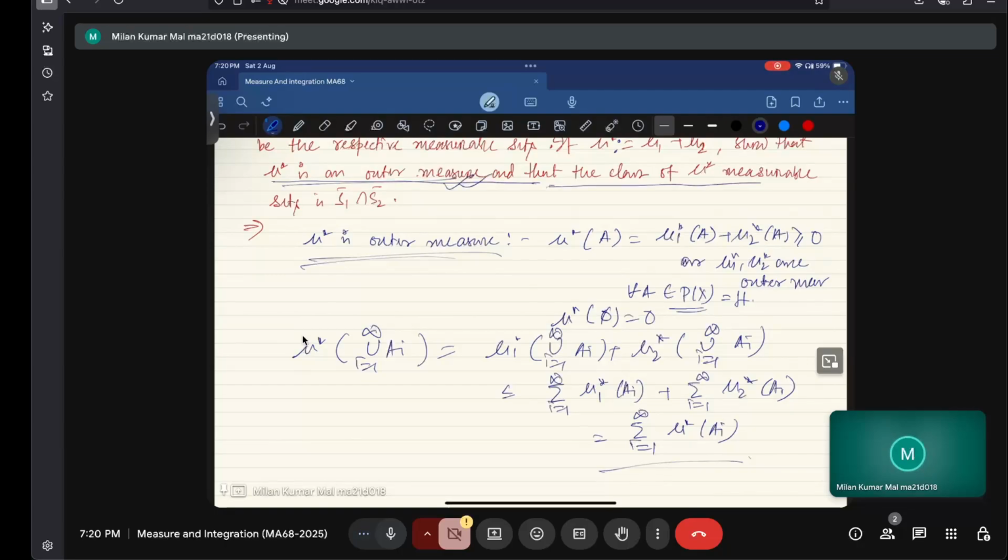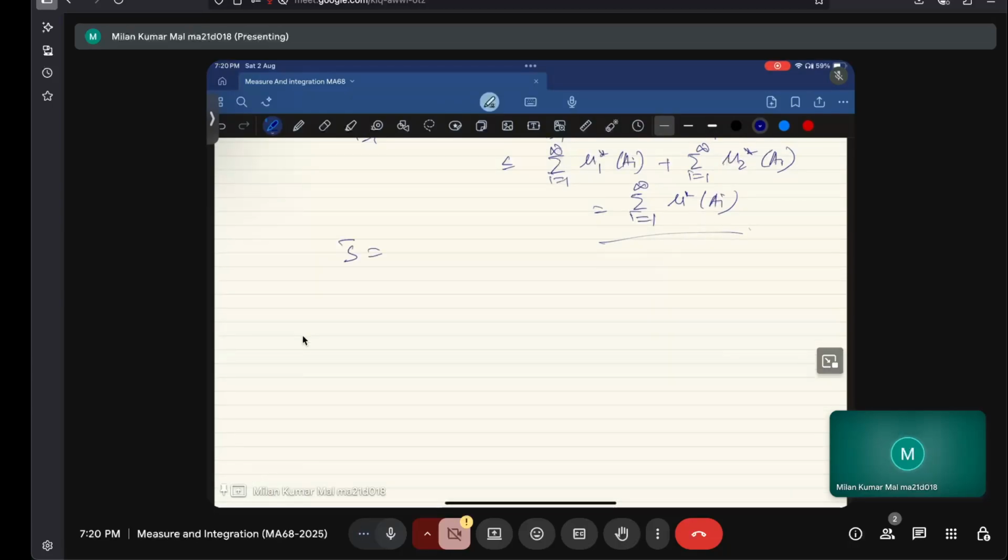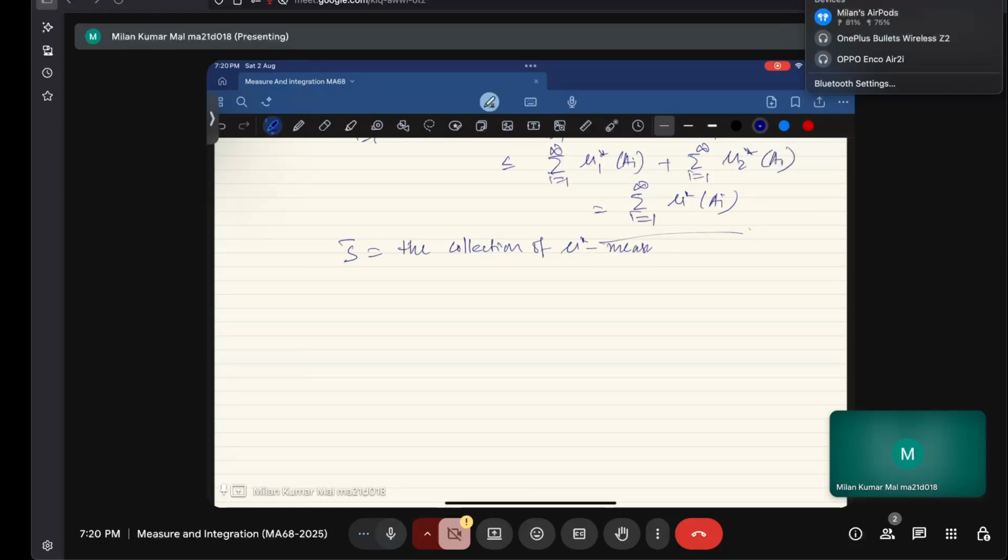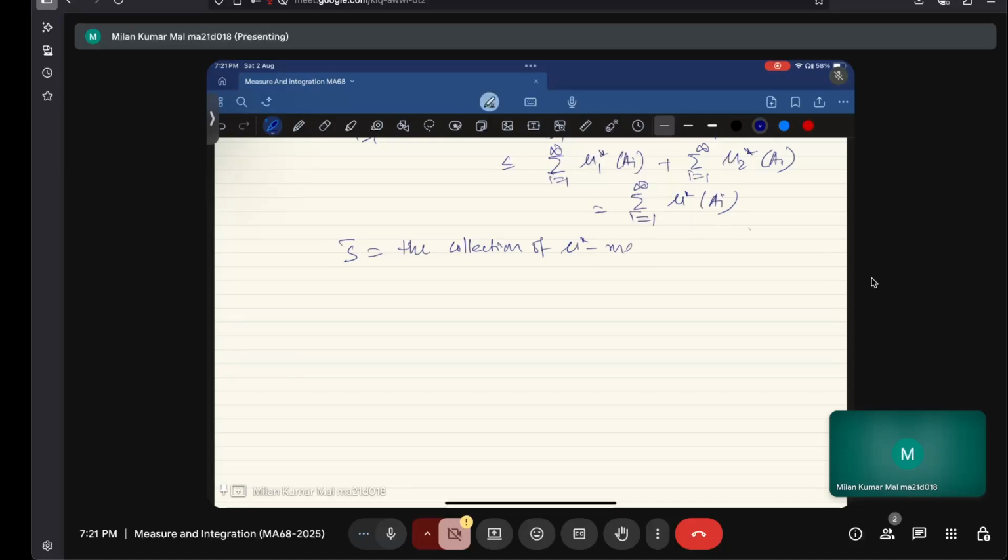Second, the class of mu star measurable sets, S bar, is what we have to show equals S1 bar intersection S2 bar. This is what you have to prove.